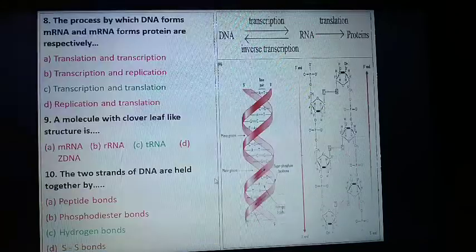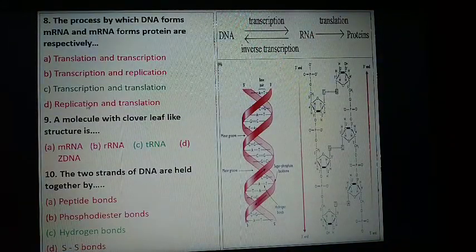Coming to the next question: the process by which DNA forms mRNA and mRNA forms protein.